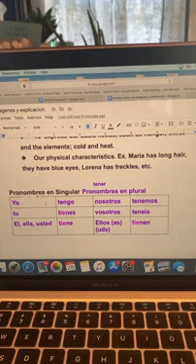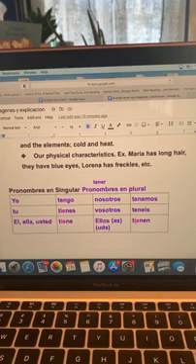So, yo tengo, tú tienes, él, ella, usted tiene. Nosotros tenemos, vosotros tenéis. Ellos, ellas y ustedes tienen. We know this already, okay?